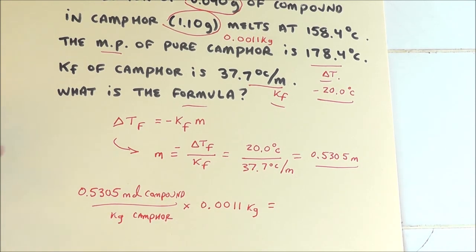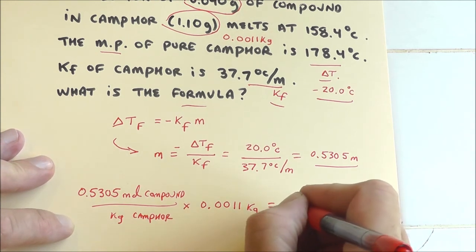And I'm going to have a relatively small number of moles, but that's okay. It's only 0.090 grams or something. So 0.5305 times 0.0011. And then I've got, let's go ahead and convert that to scientific notation so I don't miscopy zeros.